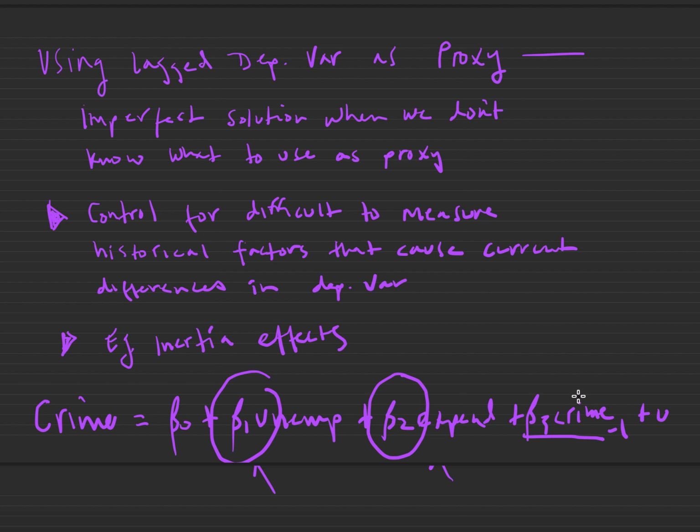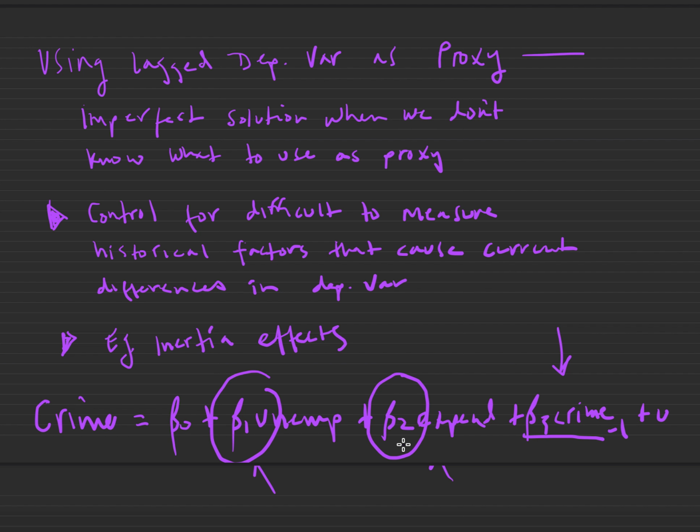All right, so that is how we can control for previous crime and then hope to have unbiased and consistent estimates of beta 1 and beta 2 so that we can make ceteris paribus conclusions. So this is using a lagged dependent variable as a proxy for the unobserved stuff that affects unemployment and expenditures, past and current, that is correlated with this stuff, that is important for crime.